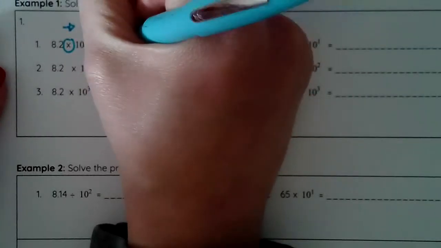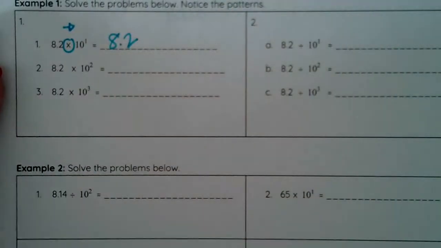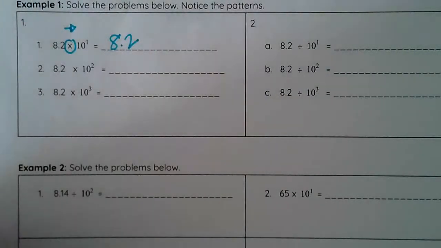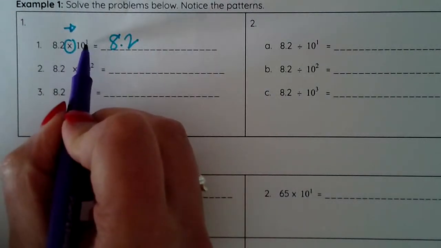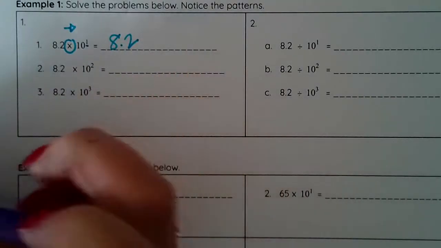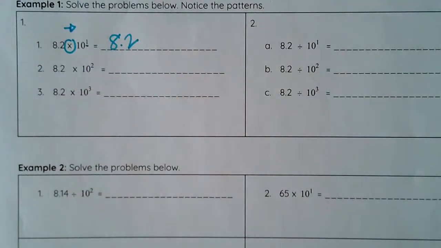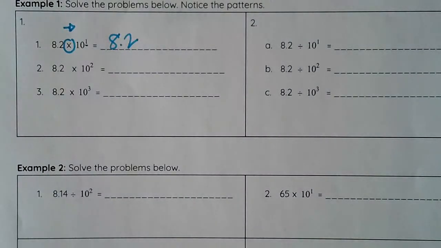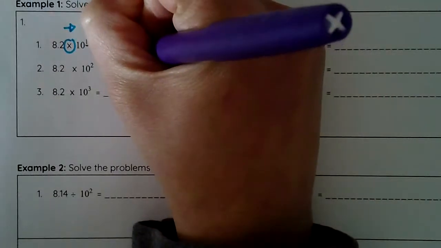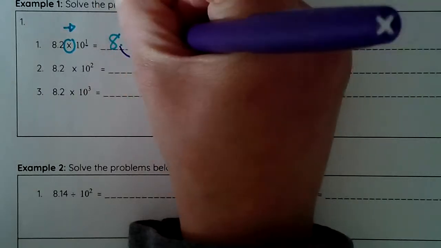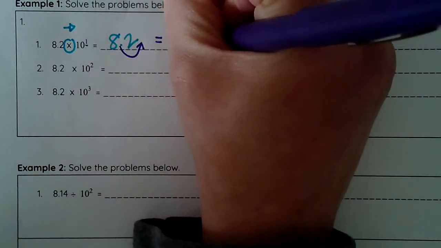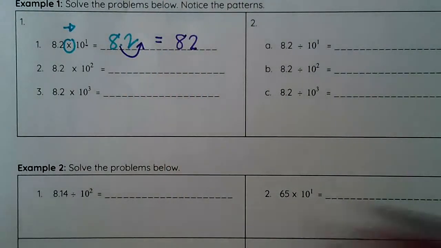I go ahead and write out my number here, and because I have 10 to the power of 1, that means I'm multiplying it by 10. Therefore, I move to the right 1 spot, giving me 82.